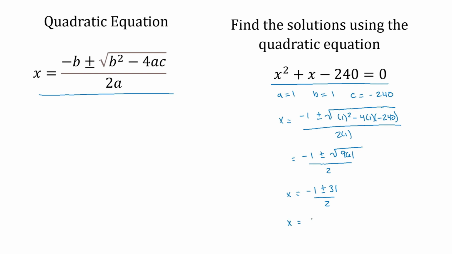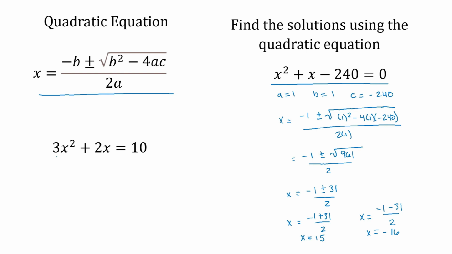So my first root is -1 plus 31 divided by 2, and my second root is x equals -1 minus 31 divided by 2. This gives me x is equal to 15, and this one gives me x is equal to -16. Again, it's a quadratic. It's x squared, which means I get 2 values for x.